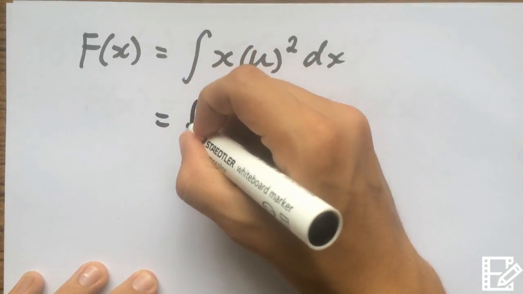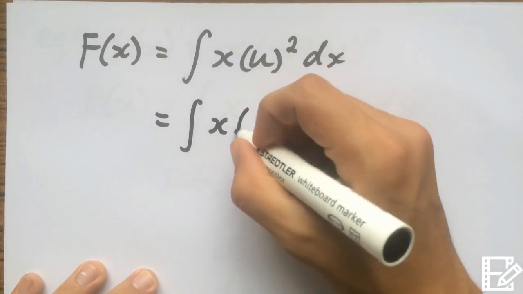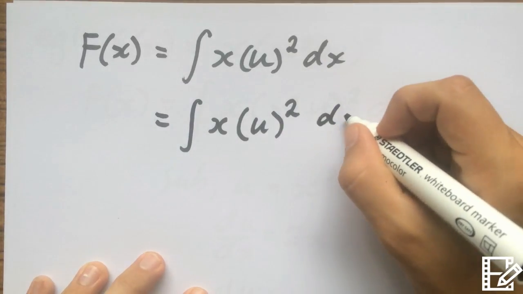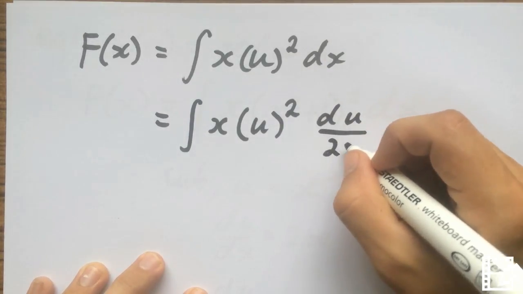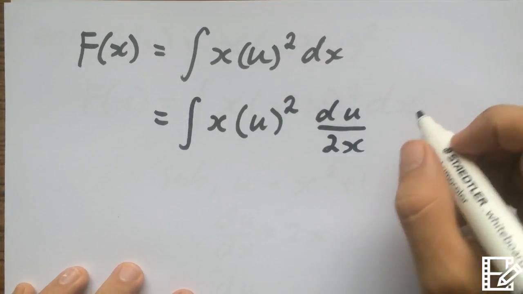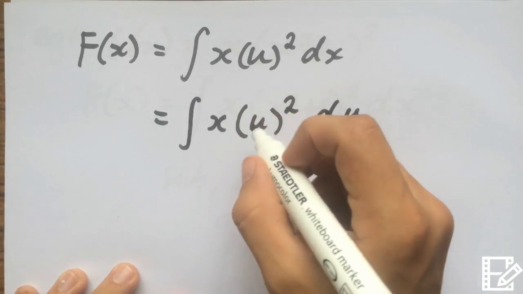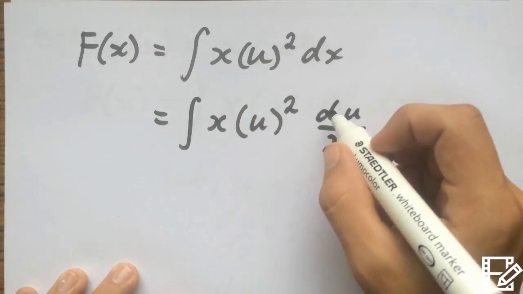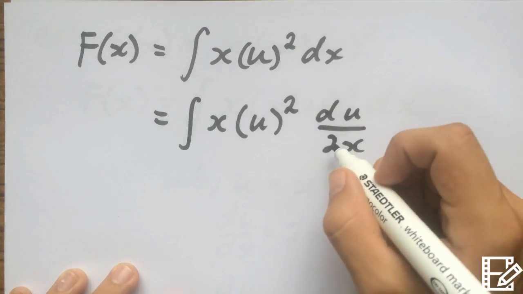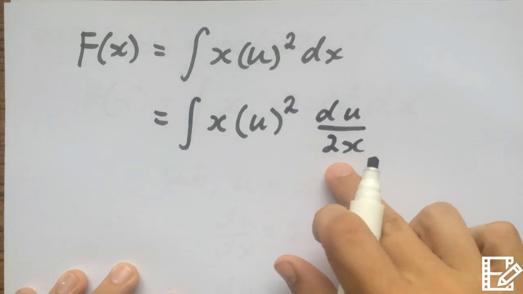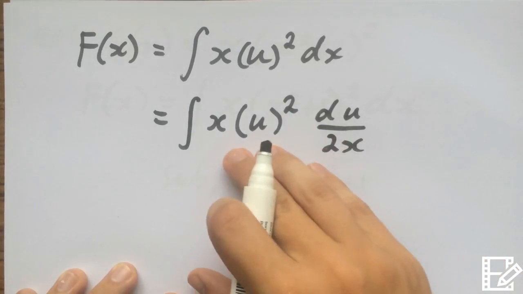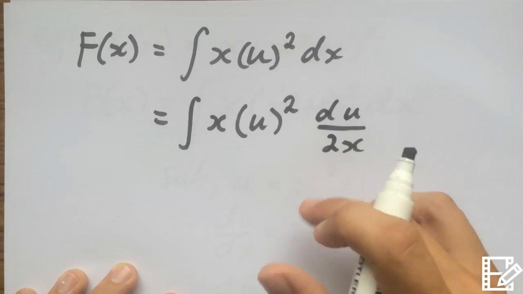So we'll rewrite this. x bracket u squared, du over 2x. Now, because this is essentially x multiplied by u squared multiplied by du divided by 2x, this divided by 2x can float around on any one of these because it's all multiplied together.